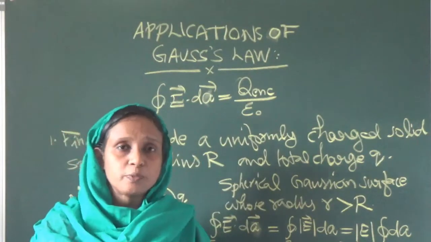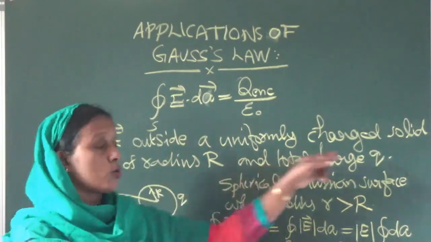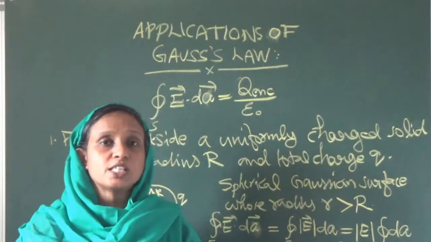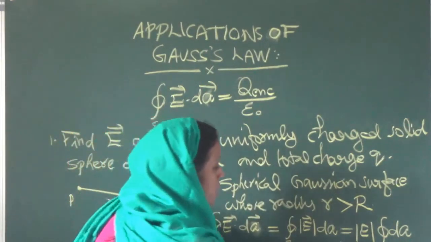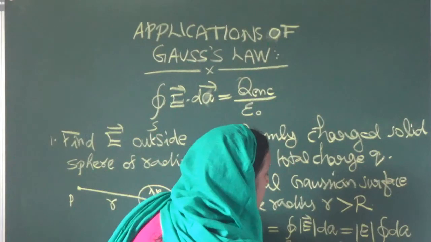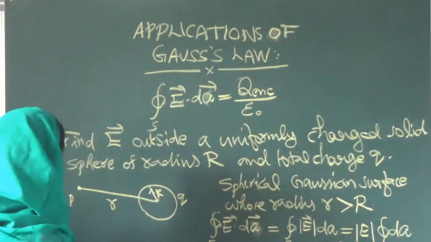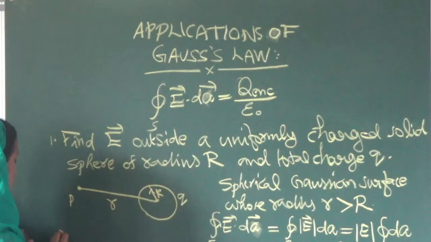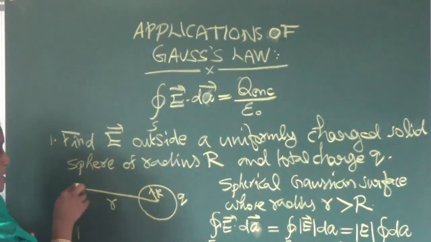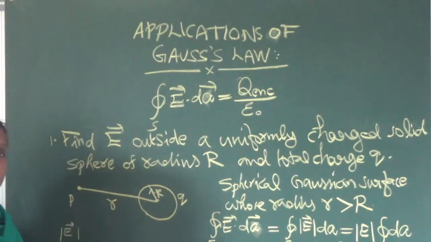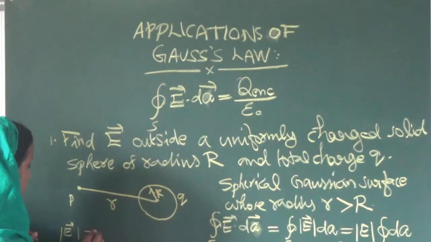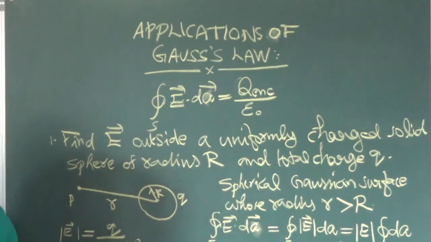What is the charge enclosed by the surface? It is given that the total charge of the uniform solid sphere is Q. So you can write here Q by epsilon 0. So you can see that the magnitude of the electric field at point P, which lies on the Gaussian surface, is given by Q by 4 pi epsilon 0 r square.